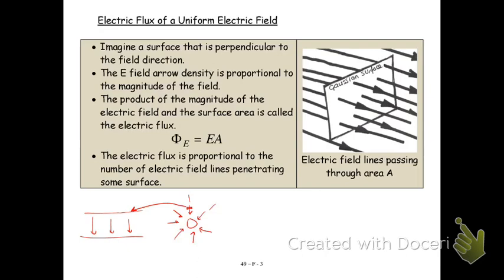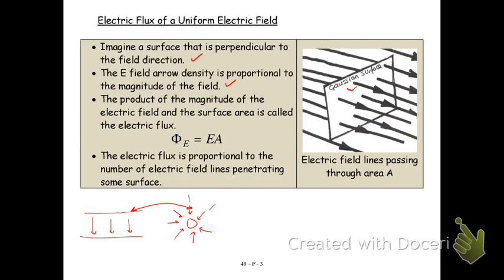Imagine, into my imaginary diagram, I slip an imaginary card. Now, I make it so that the card is at 90 degrees to the field lines. And because they're parallel, I can do that. I say, imagine a surface that is perpendicular to the field direction. It's at 90 degrees to the field direction. The electric field arrow density, how many arrows per square meter, is proportional to the magnitude of the electric field.